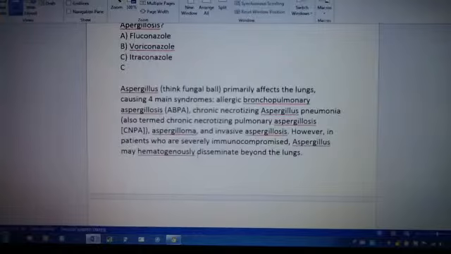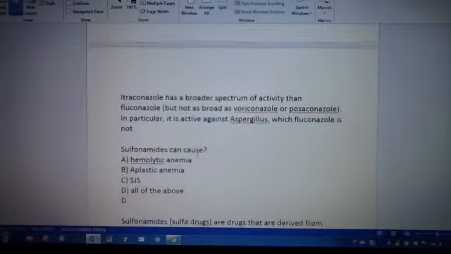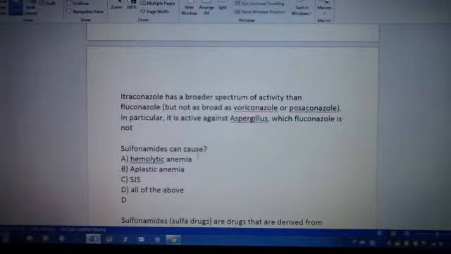However, in patients who are severely immunocompromised, aspergillosis may hematogenously disseminate beyond the lungs. Itraconazole has a broader spectrum of activity than fluconazole, but not as broad as voriconazole and posaconazole. In particular, it is active against aspergillus, which fluconazole is not.